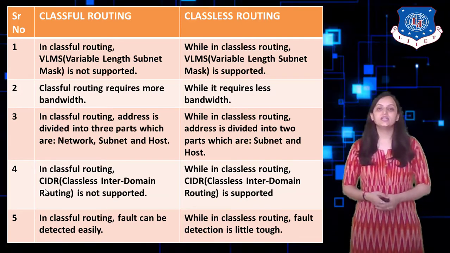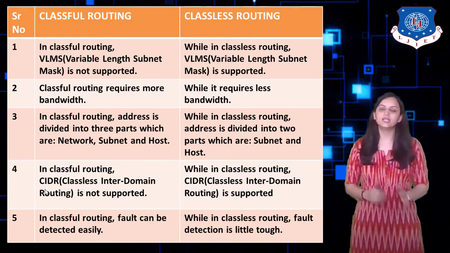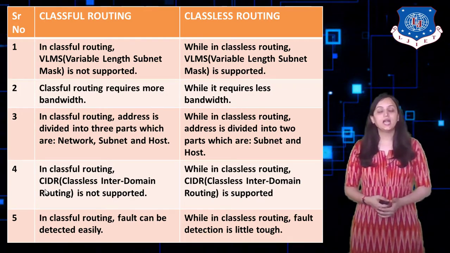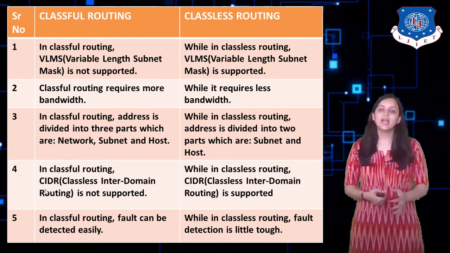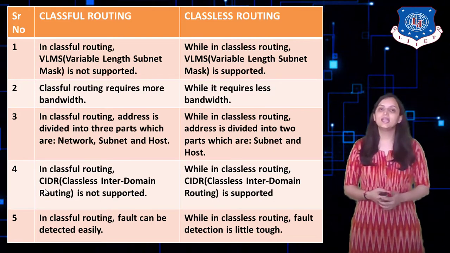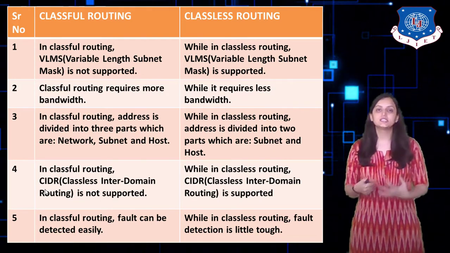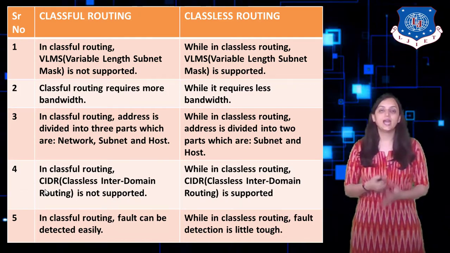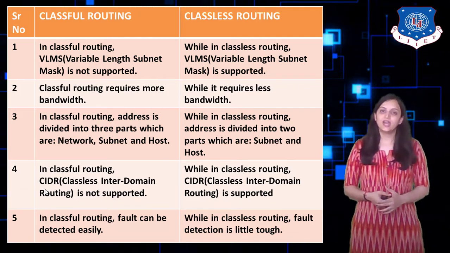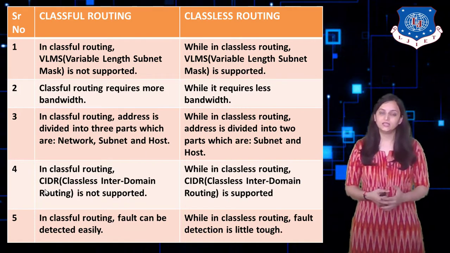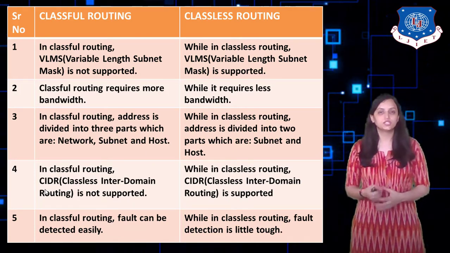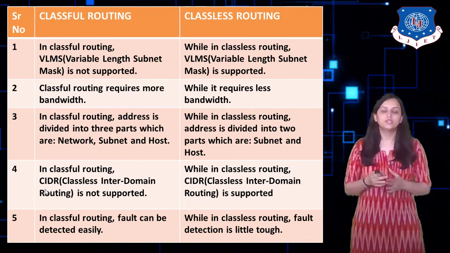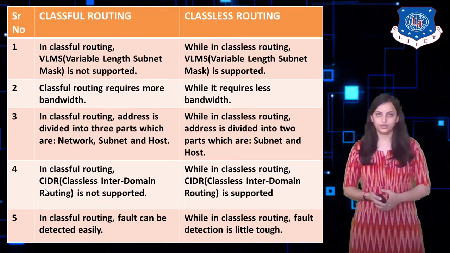So that's why they are divided into two parts only, subnet and host. Now the next point is that in classful routing, CIDR is not supported, where CIDR stands for classless interdomain routing, whereas in classless routing, CIDR is supported. So that is supported in classless routing.